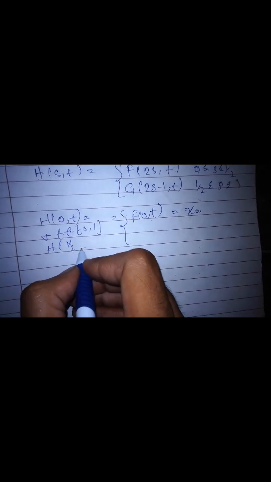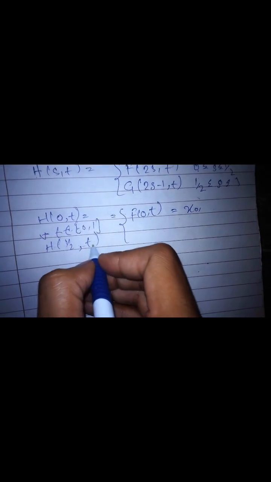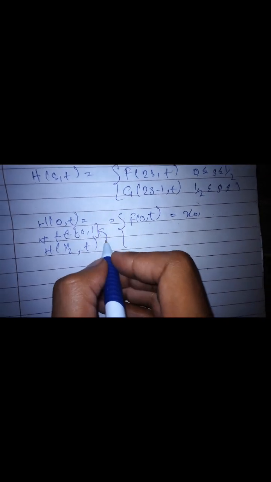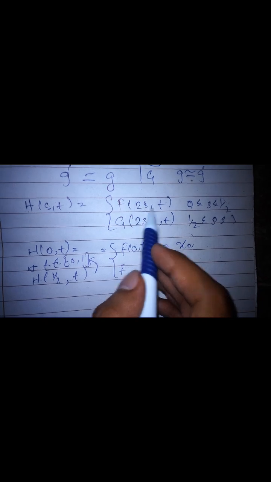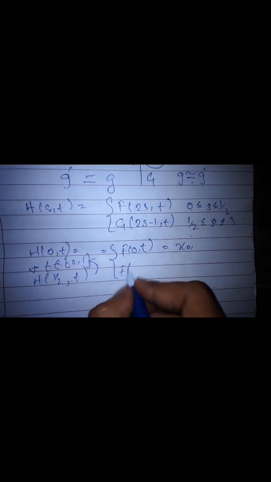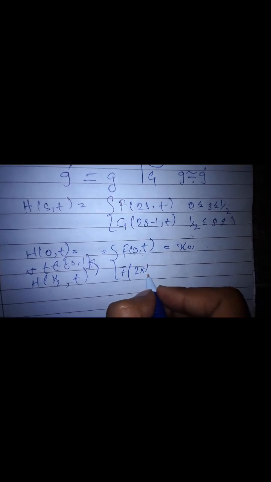And if we substitute s equal to half, for all t in the closed unit interval, in this portion we see 2 into 1 upon 2 comma t, so 2 divided by 2 is 1, so F of 1 comma t, and we know that F of 1 comma t is equal to x1, the final, terminal point of this path f.